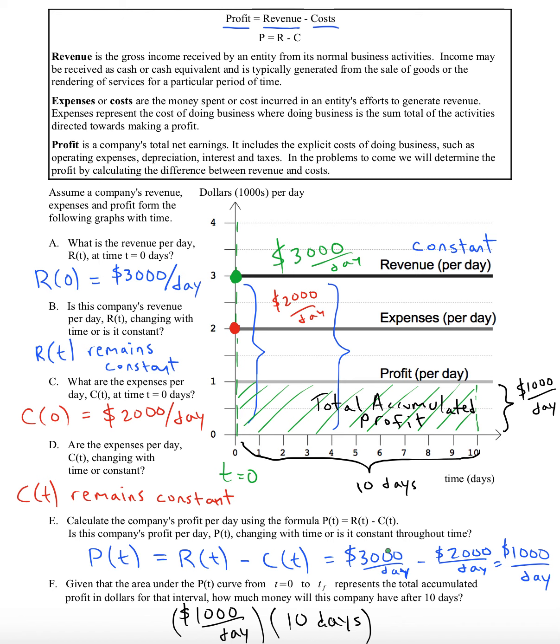Notice that here the units of days will actually cancel just like numbers would. If you have a number above and a number below and they're equal to each other, they cancel. Well, the same thing would happen with the units here. How much money is it total? $10,000.